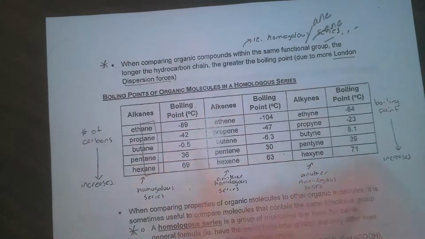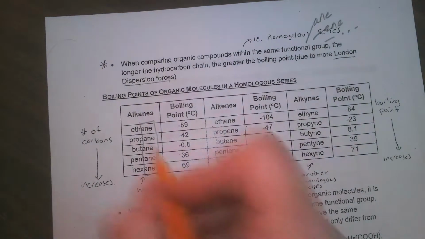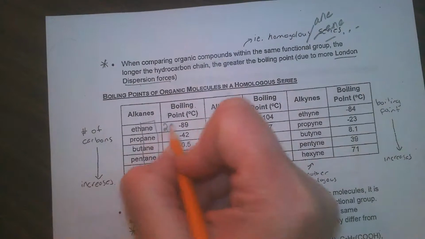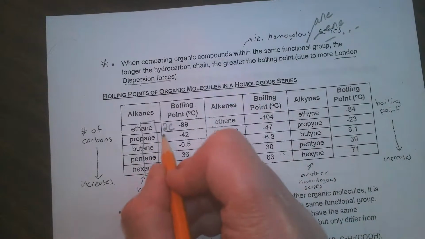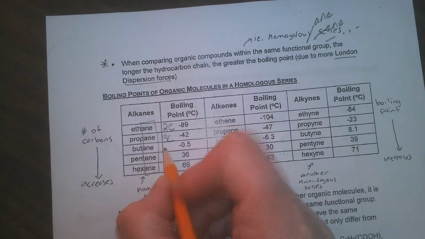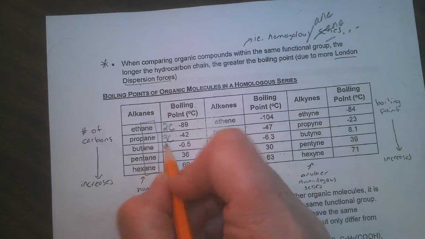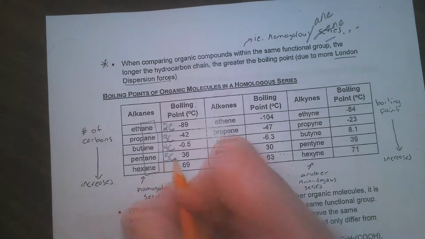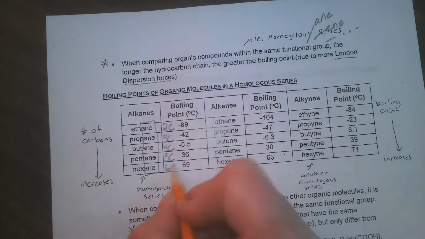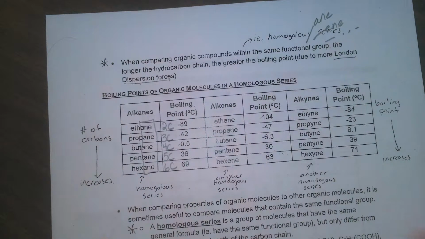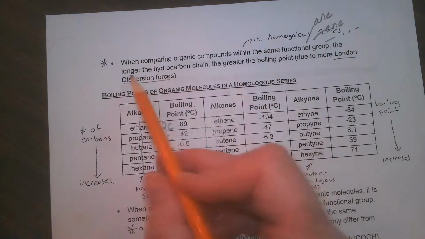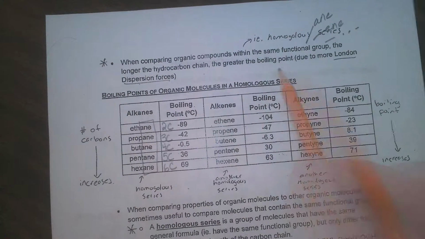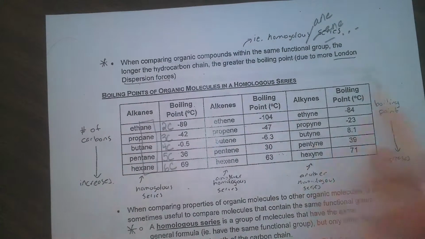So this is ethane, how many carbons? Propane, butane, pentane, and hexane. Okay, so it says the longer the hydrocarbon chain, the greater the boiling point, right?